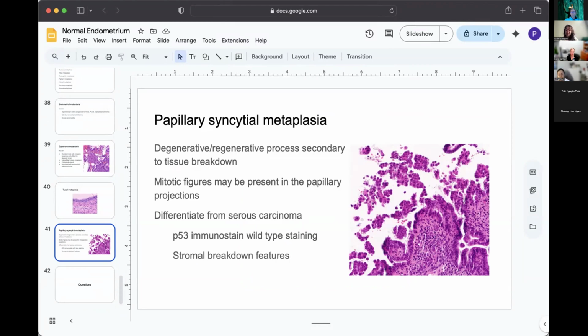They can have mitotic figures. They can look very scary, sometimes looking like different cancers, and that's where either stains or seeing other features of breakdown would help you differentiate whether this is a benign or a malignant process.